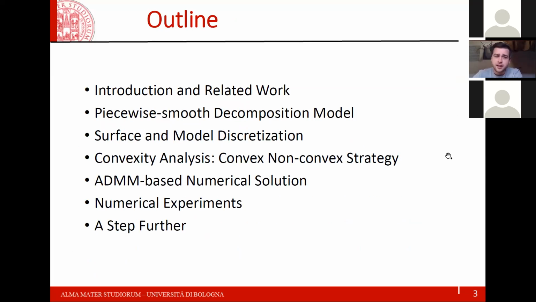First, I will give an introduction and a couple of related works regarding the decomposition. Then I will present our piecewise smooth decomposition model.